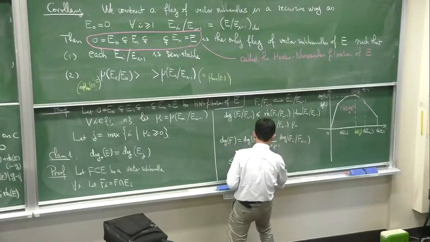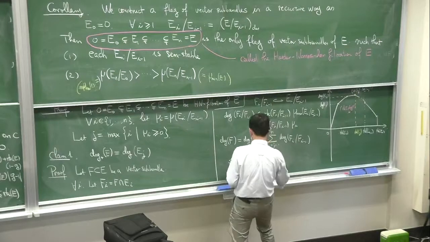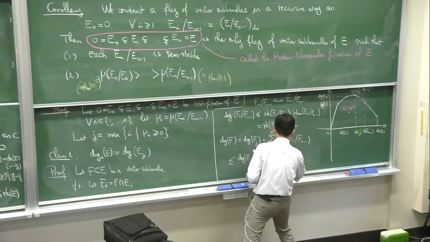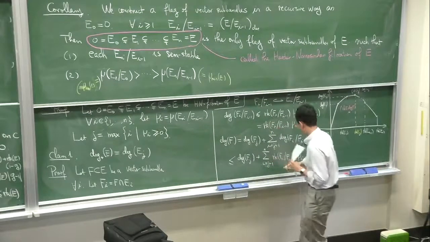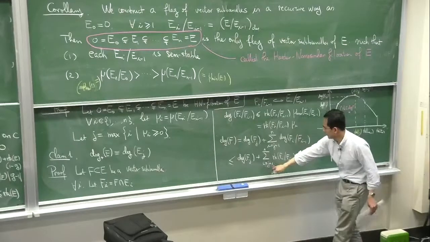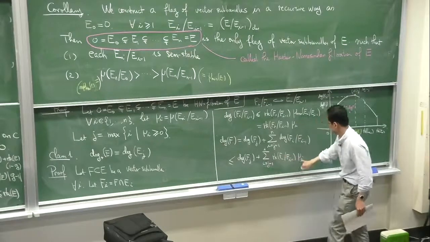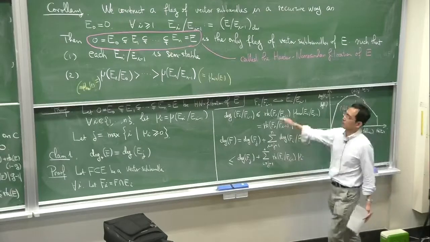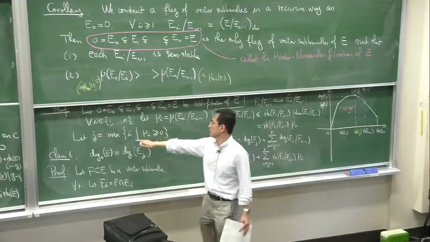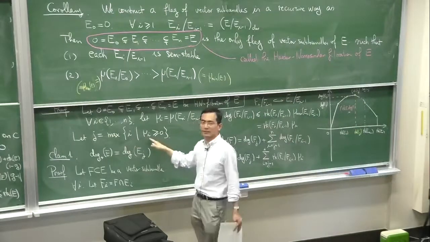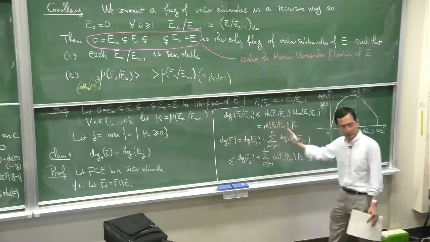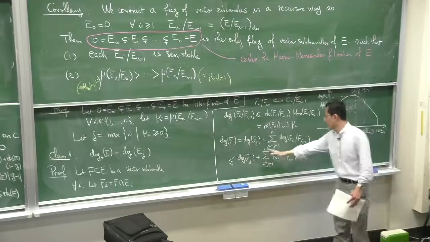plus the sum for i equals j plus 1 to n of the rank of Fi over Fi minus 1 times mu i. But for i from j plus 1 to n, all these mu i's are negative or 0, because j is the last index where the slope is positive, and afterwards the slope becomes negative.